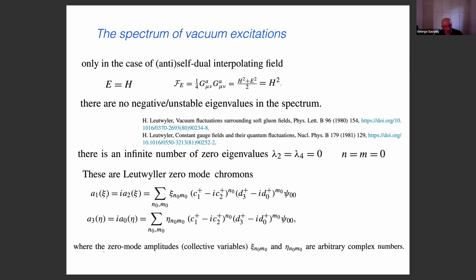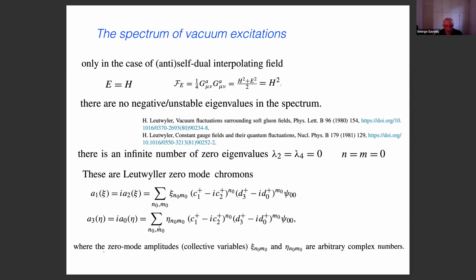So zero modes are in the plane 1, 2, and in plane 3, 0. So we have two complex numbers here, but infinite of them. And here are another two complex numbers, also infinite of them, because it's a summation over n0.